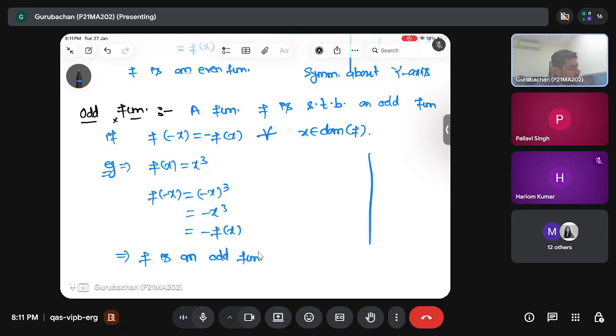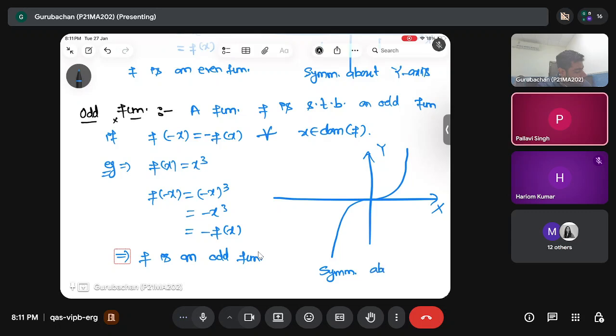And what is the graph of this f? Like this. So it is symmetric about origin. If you will see from the origin, it will go like this and it will go like this. In the same way, it is moving.